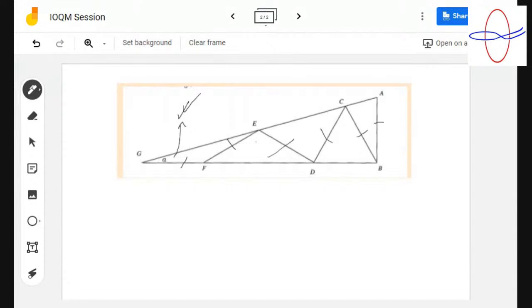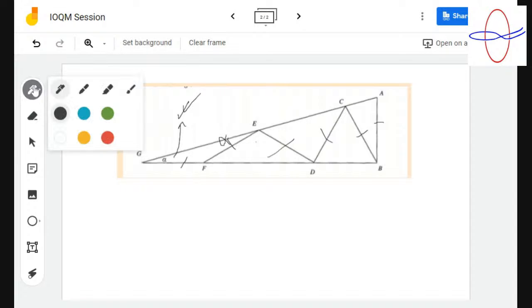Why not do angle chasing? Angle chasing is a very good starting point, I guess. So let's start in that aspect. So here is alpha again, right? And if this is alpha, then what will happen?